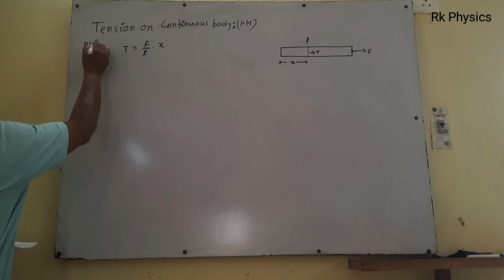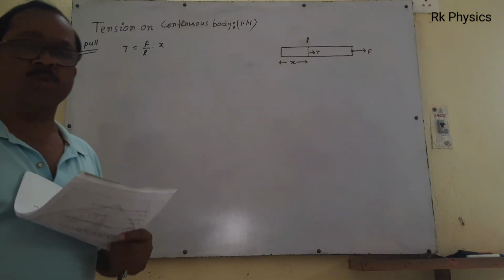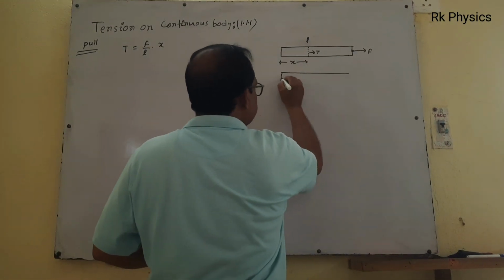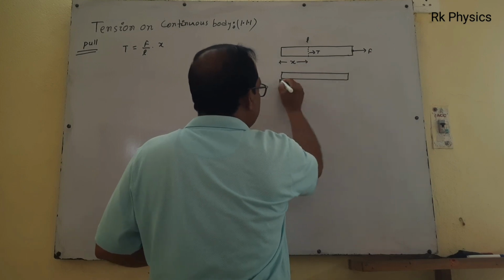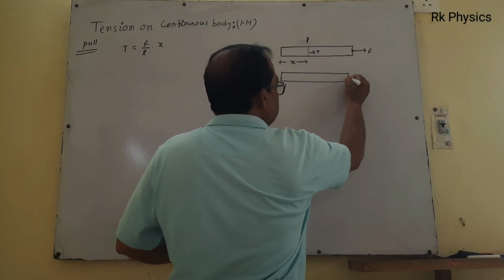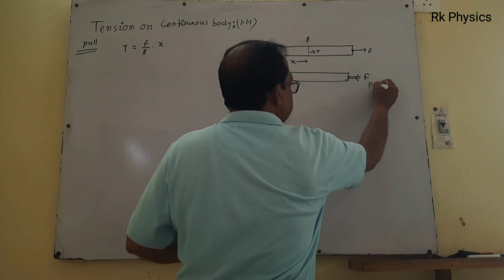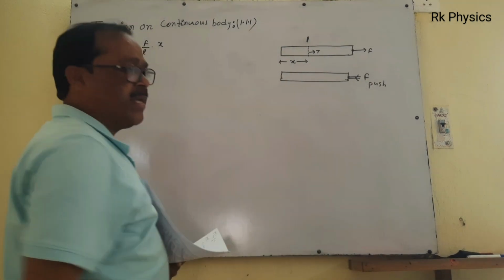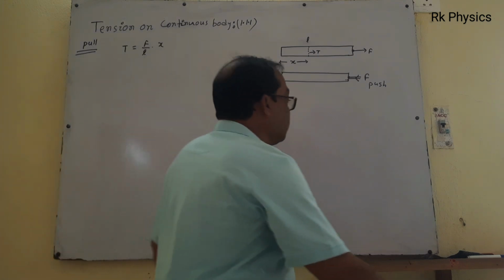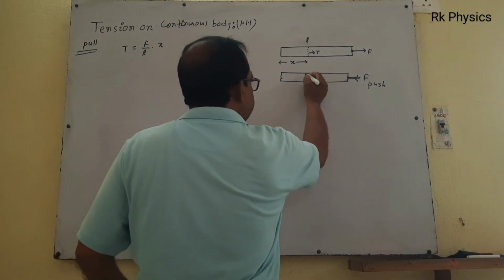If you use the external force as a pull, but if you use the same body, instead of pull, if you use a push force, this is push towards right, then in that case, what is the tension at anywhere?